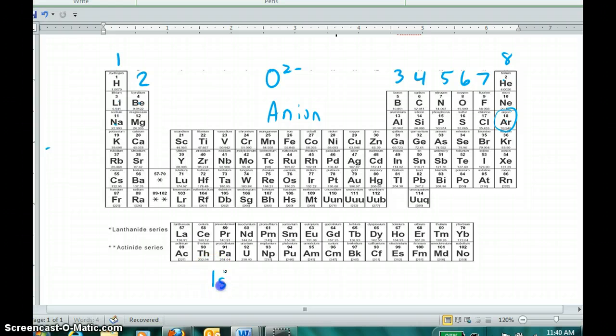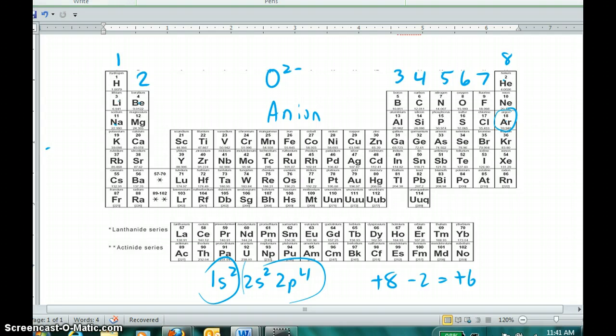If we look at neutral oxygen, this is its electron configuration, which means that these 6 valence electrons right here are the ones feeling the effect of the nucleus, +8. And the only thing shielding them from the nucleus are these 2 electrons. So yes, neutral oxygen has a +6 effective charge.